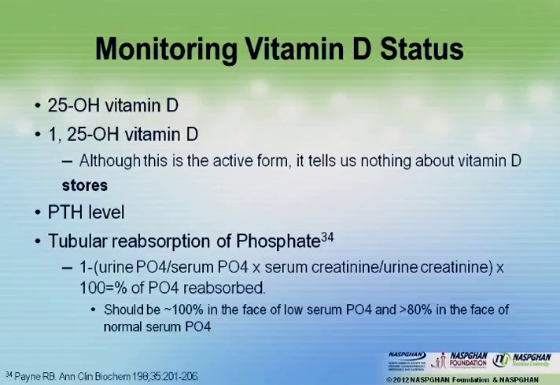So what you do then is you waste phosphate and retain calcium when you have hyperparathyroidism. So this formula, 1 minus the urine phosphate over the serum phosphate times the serum creatinine over urine creatinine times 100, will tell you what your TRP is. It should be about 100% if you have a low serum phosphorus, and it should be greater than 80% with normal phosphate.